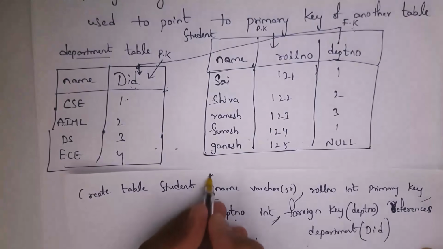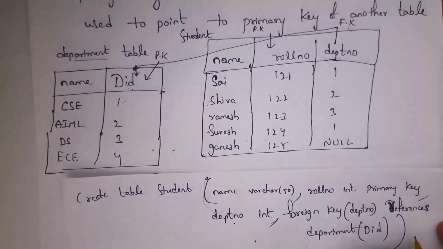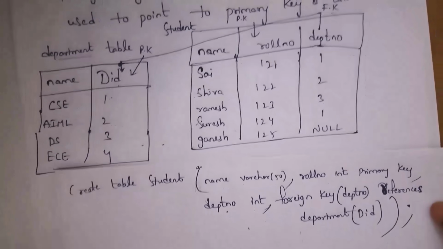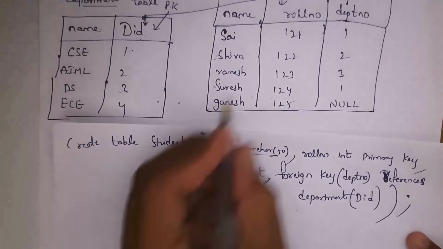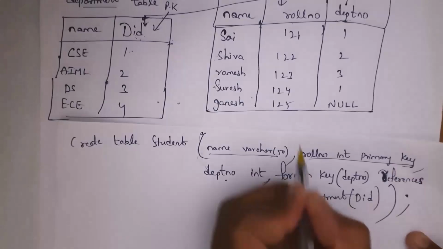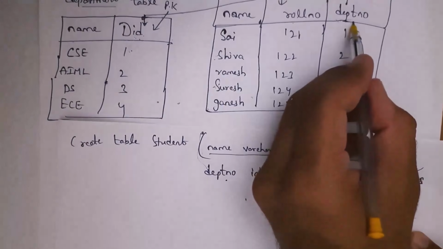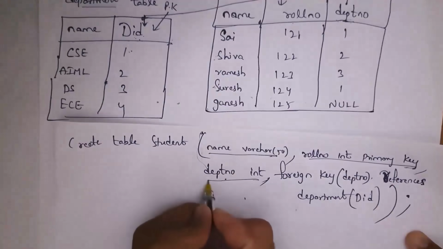I opened this main bracket, and now I need to close it. So close this bracket and give a semicolon. So I just created 3 columns. One is the name column with its data type. Next is the rule number column with its data type, and this rule number column is the primary key. The next column is the department number column with data type int.